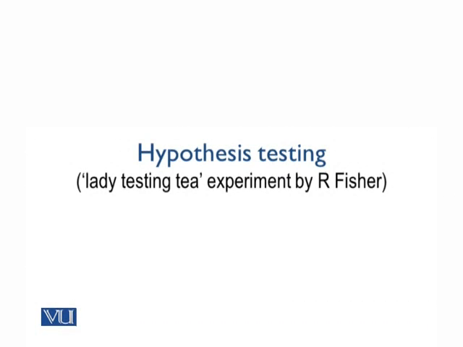It was an afternoon setting in the Rothamsted station, and they were having afternoon tea, and Ronald Fisher was there. And he offered tea to a fellow colleague, a lady colleague, but the lady refused, saying that she prefers that milk is poured first into the tea.